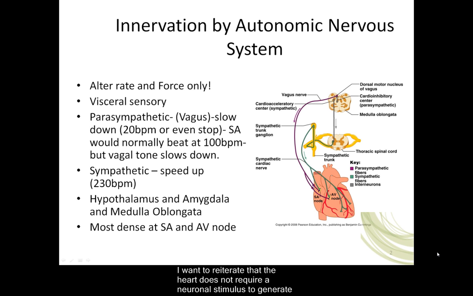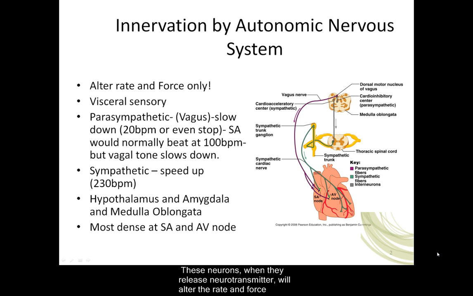I want to reiterate that the heart does not require a neuronal stimulus to generate an action potential and cardiac cell contraction. But the heart is innervated, so the question becomes, what are these nerves doing? First, let's remember that the nerves innervating the heart are either sympathetic or parasympathetic fibers.